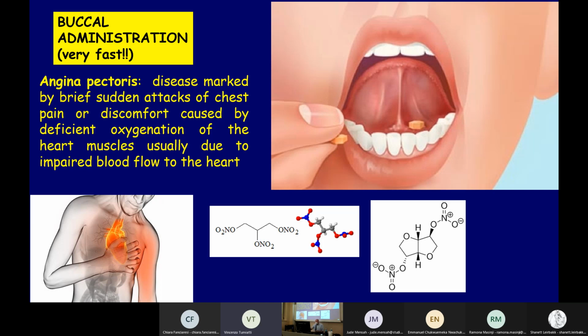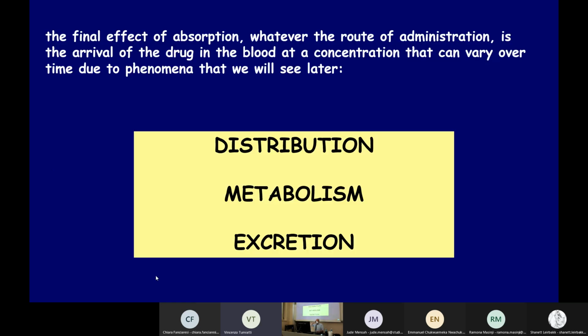There are tablets of this compound, and you put this compound under the tongue, and you have a very fast effect on the heart, and so we have an increased concentration of oxygen in the case of infarct. Okay. Ten minutes and then we stop.